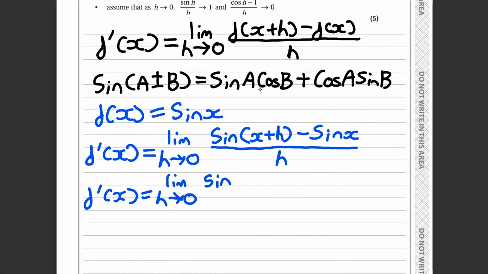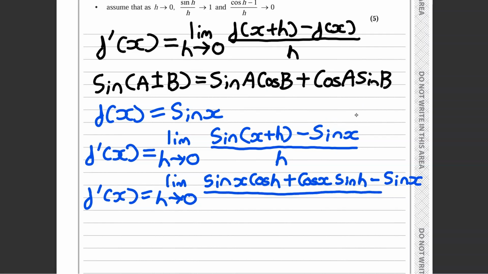So sin a is going to be sin x, and then cos b is cos h, and then it's going to be plus cos a, so that's cos x, and then sin b, so that's going to be sin h, and then we've still got this minus sin x at the end, and all of this is over h.